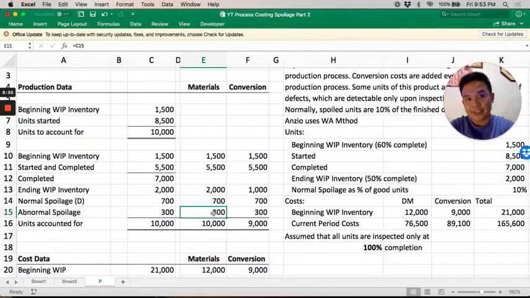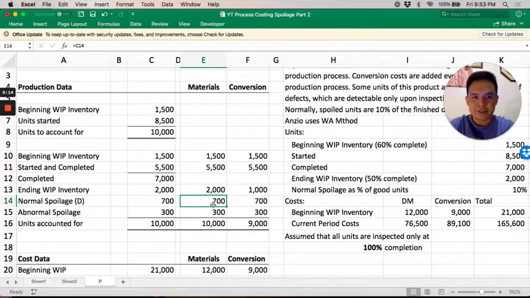Sa normal spoilage na discrete, cost assigned to normal spoilage, ang rule natin is finished goods and ending. But because spoilage only happens at the end, then the ending inventory which is not complete will not have spoilage.